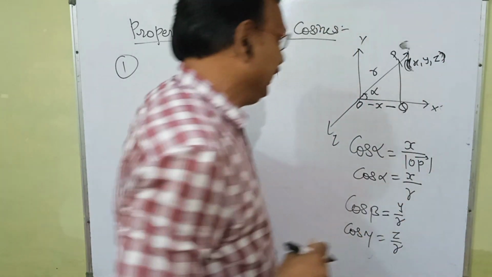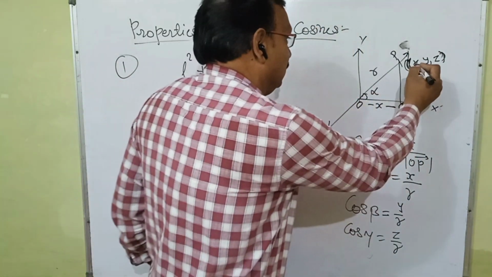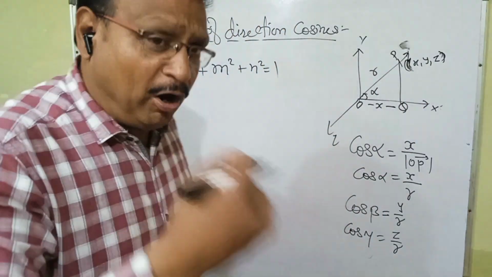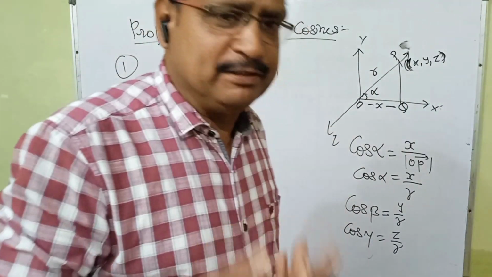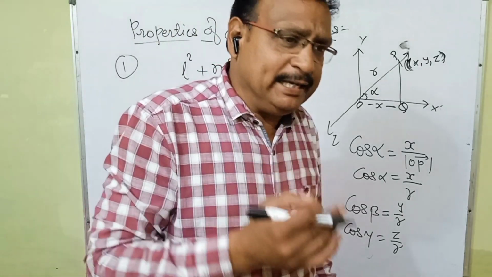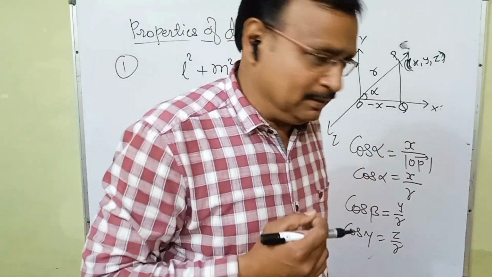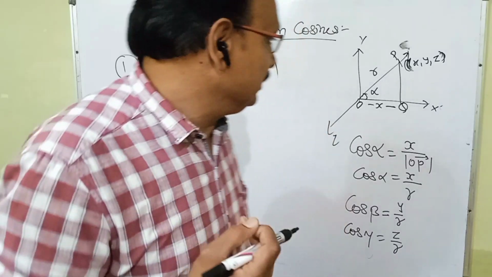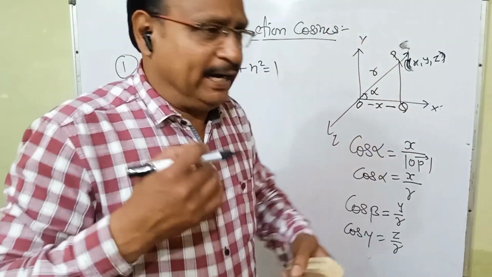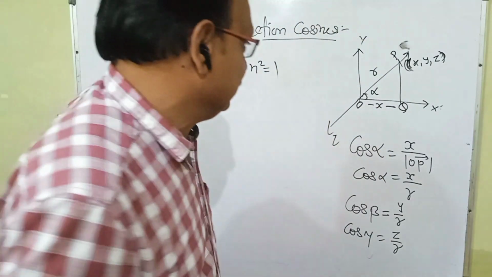Since x, y, z is the point P, what is it in the form of i, j, k? I is the unit vector along x-axis, j is the unit vector along y-axis, and k is the unit vector along z-axis.